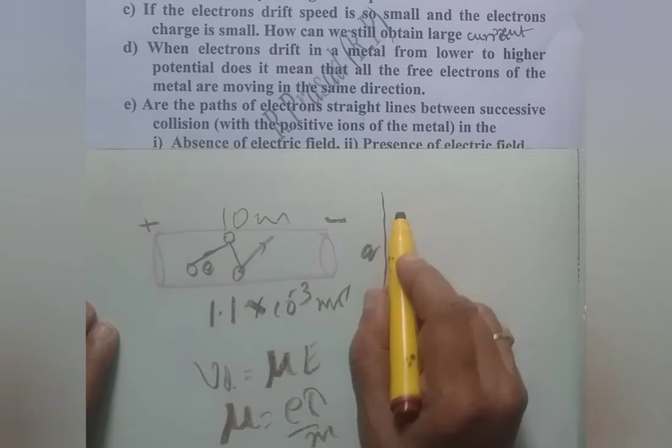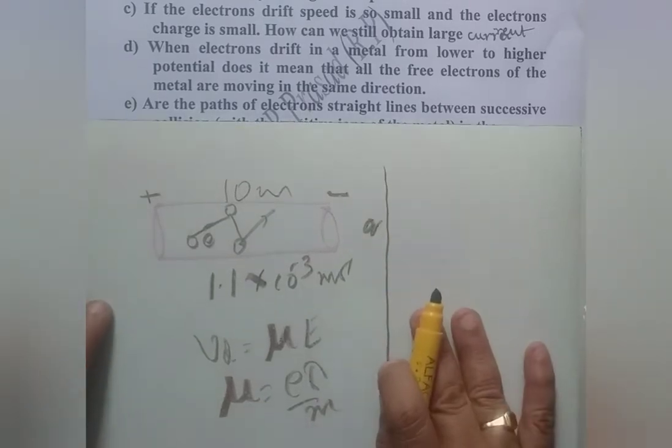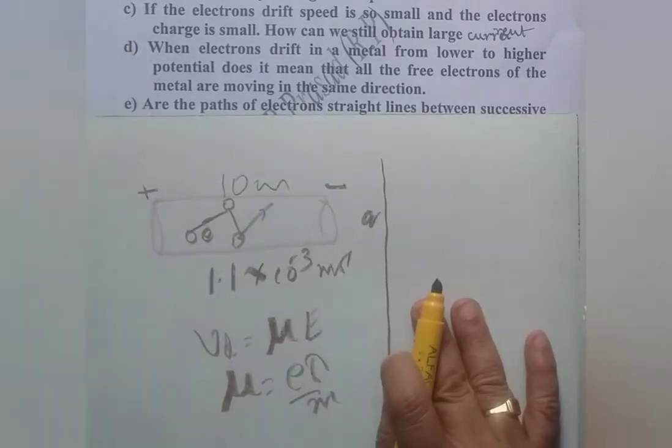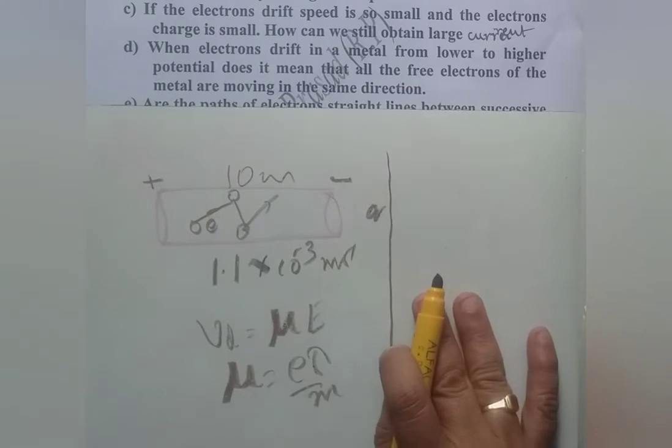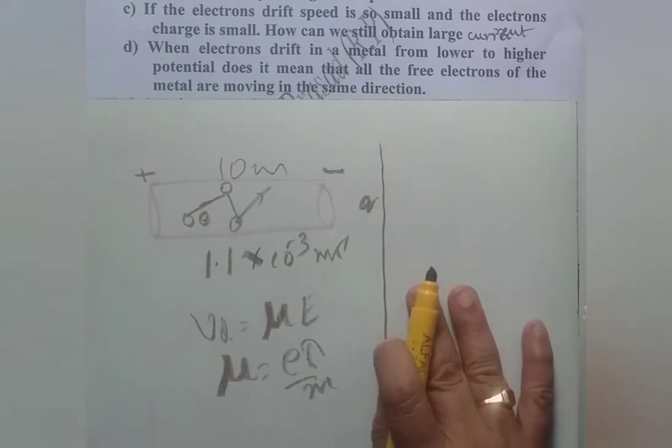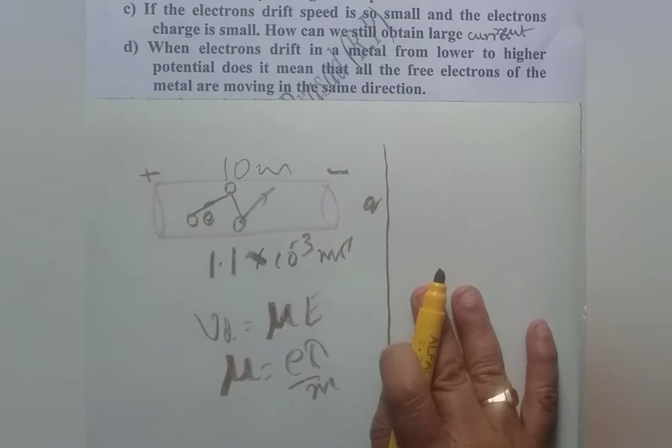And going for part D, we read: when electrons in a metal drift from lower to higher potential, does it mean that all the free electrons of the metal are moving in the same direction? This I discussed in the theory itself. Whenever we apply an electric field to a conductor, it will not stop random motion.